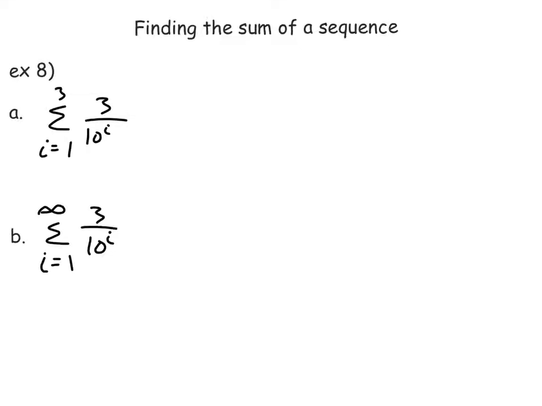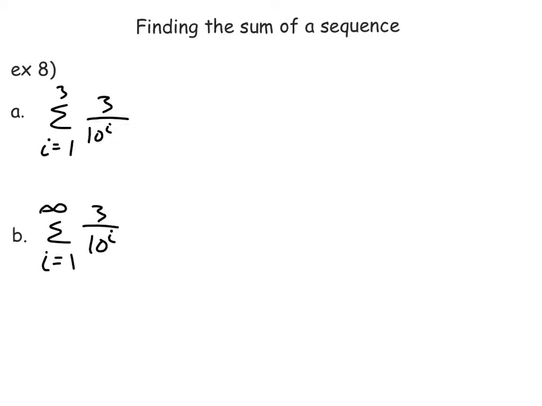So it's going to be the same one, but let's compare the finite and then the infinite. Okay, first of all, the sequence is 3 over 10 to the i. 3 over 10 to the first, 3 over 10 to the second, plus 3 over 10 to the third.